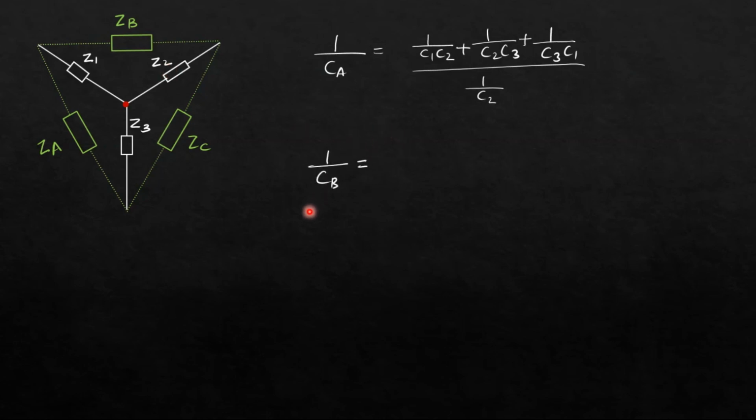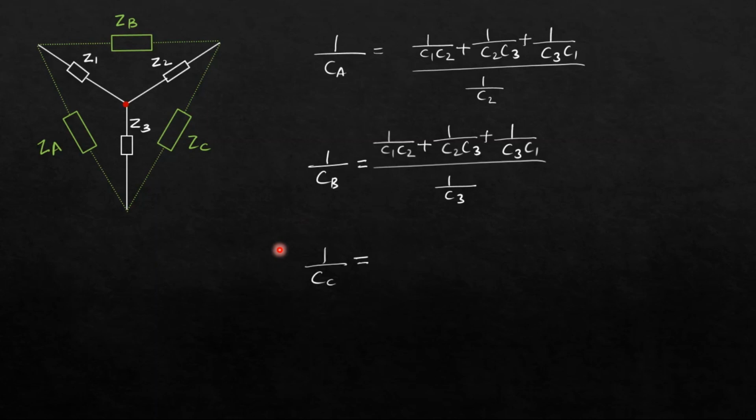Similarly, 1 by CB is equal to 1 by C1 C2 plus 1 by C2 C3 plus 1 by C3 C1 divided by, in front of ZB, Z3 is there, so divided by 1 by C3. Similarly, 1 by CC is equal to 1 by C1 C2 plus 1 by C2 C3 plus 1 by C3 C1, you have to take all possible pairs, divided by Z1, it means 1 by C1. So that is how you transform from delta to star and from star to delta.